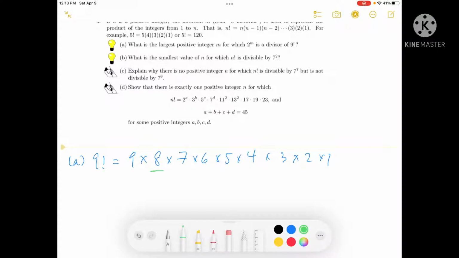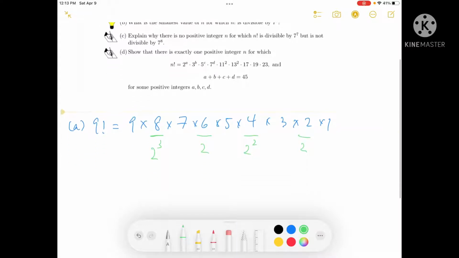For 8, it is equal to 2 to the power of 3. Here we have one factor of 2, and this is equal to 2 to the power of 2, so there are two factors of 2, and here there is one factor of 2.